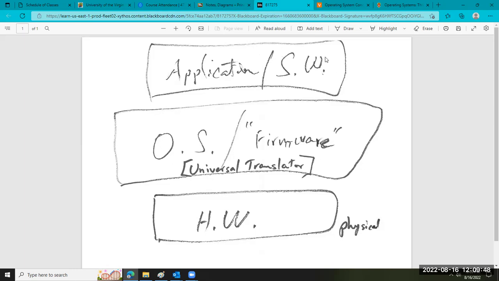And then at the very top of the technology challenge are applications and software that are being developed for the real human being, the users.